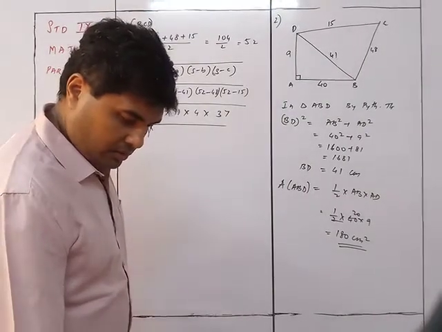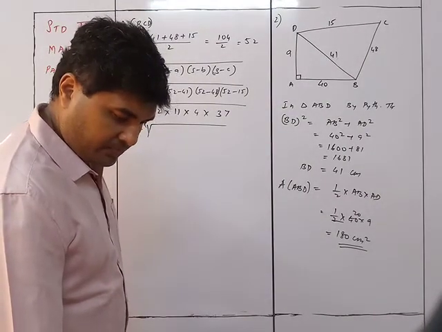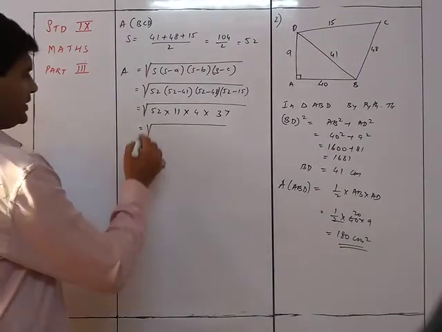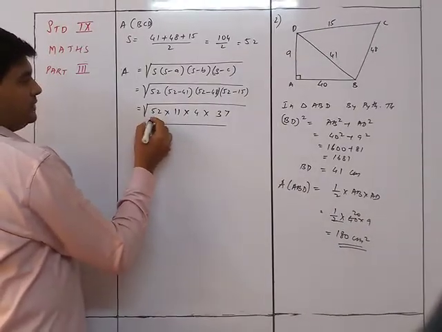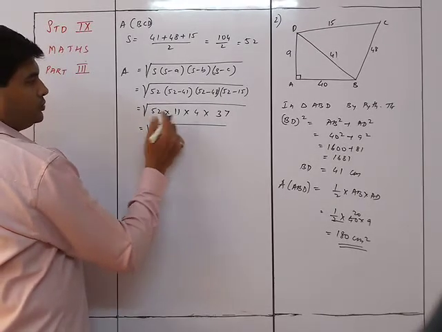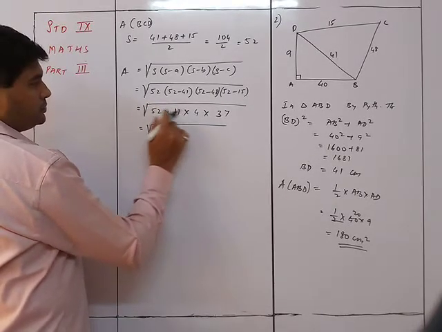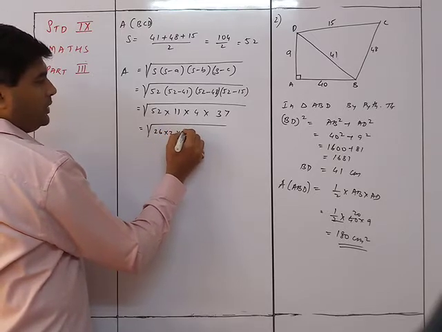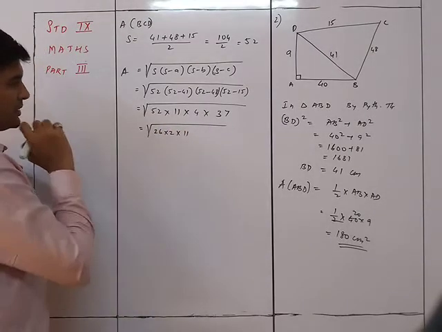So if you see this sum, I think there is some sort of rounding they must have done. So 52, 26 into 2 into 11, 13 into 4.